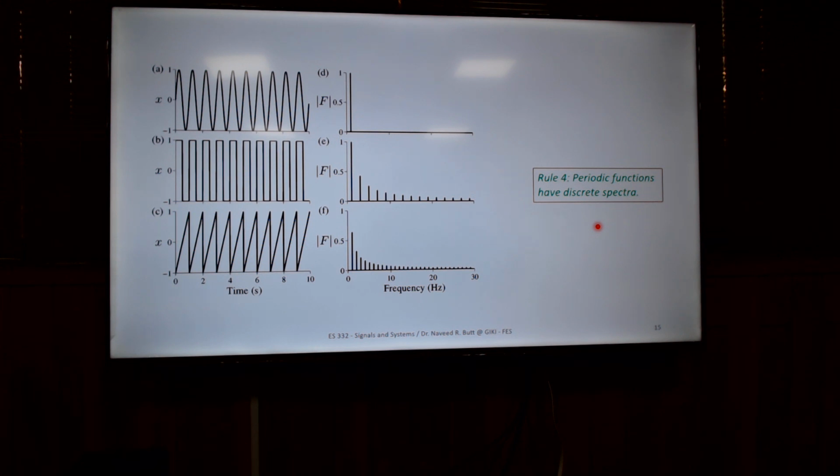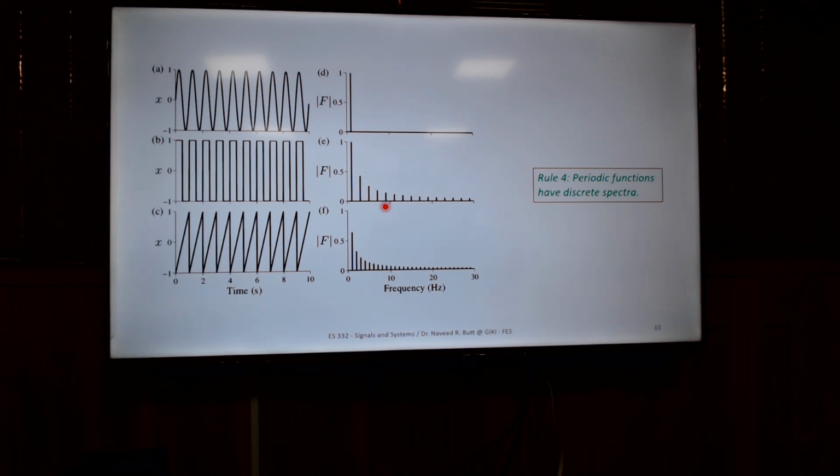Fourth, periodic functions have discrete spectra. So if your function in time or signal in time is periodic, that can be square periodic, triangle, or a sine wave, whatever. If it is periodic, then its spectrum will not come out continuous, it will come out discrete.